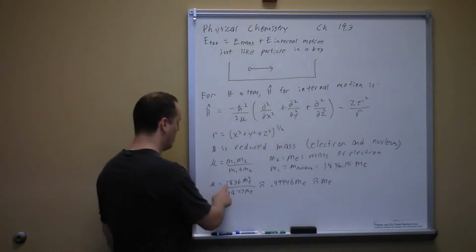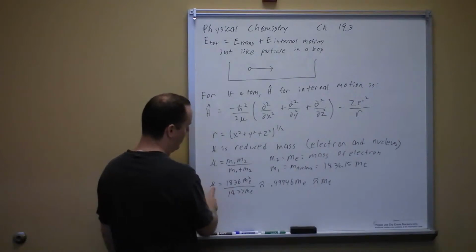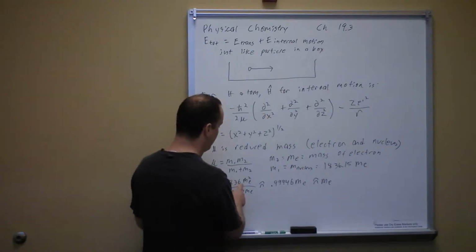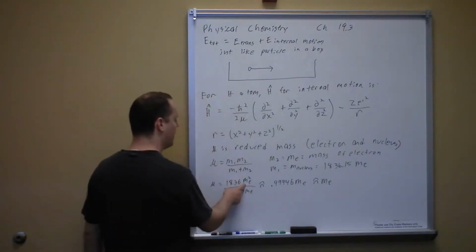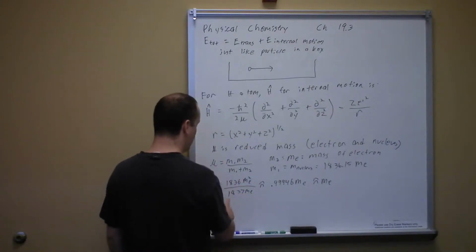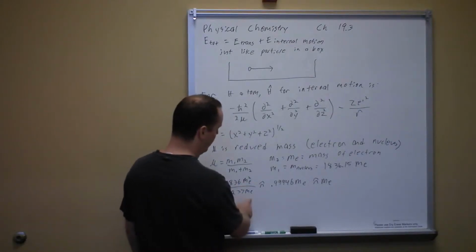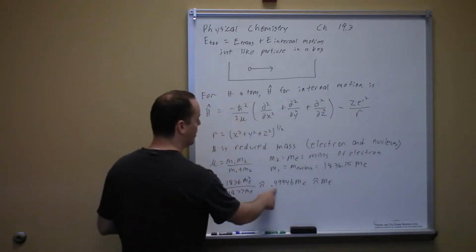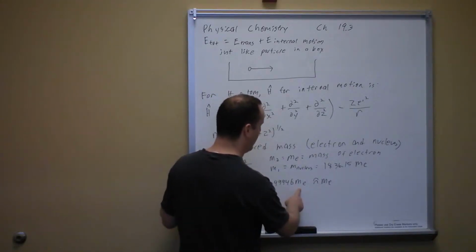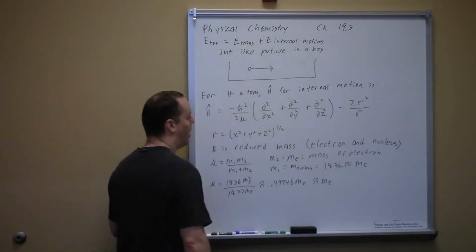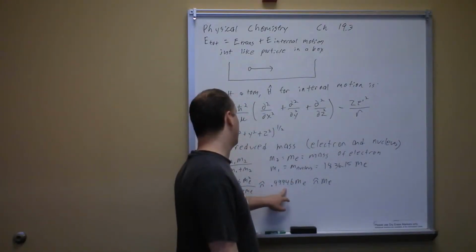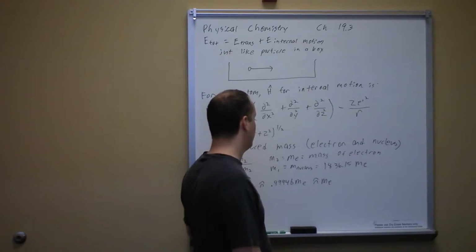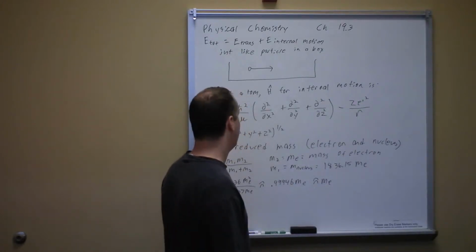So we plug those in here, simplify a bit, and we get the reduced mass is equal to 1,836.15 times the mass of the electron squared, divided by 1,837 times the mass of an electron. That roughly comes out to 0.99946 times the mass of the electron. So obviously if you're only worried about a few significant digits, you can just round and say that the reduced mass is just the mass of the electron.